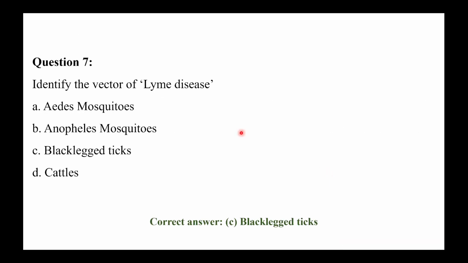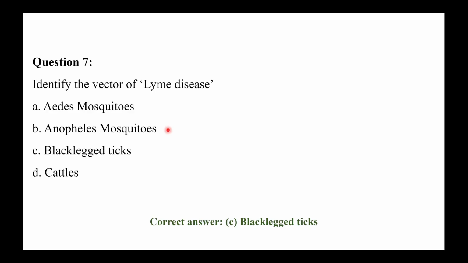Female Anopheles mosquitoes can carry the malarial parasites. These parasites reside in the mosquitoes, and when the mosquito bites us, these parasites enter our bloodstream from the mosquito's gut.